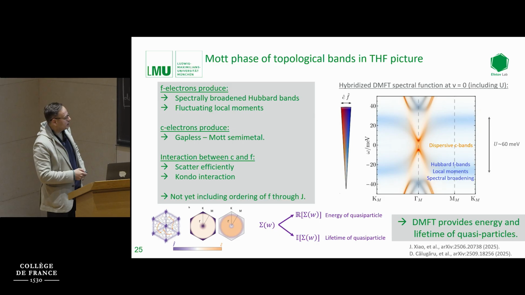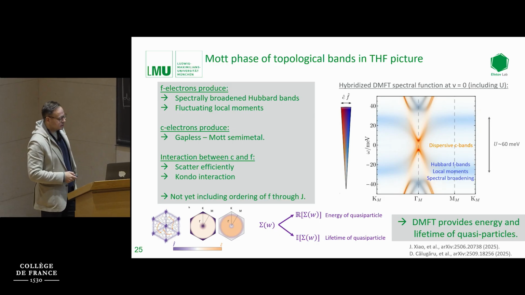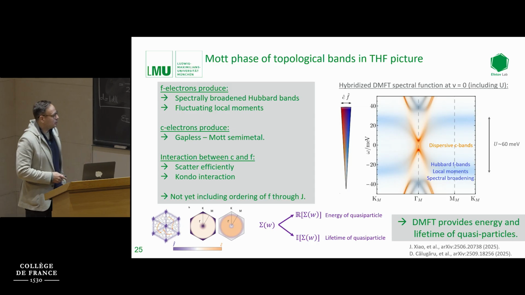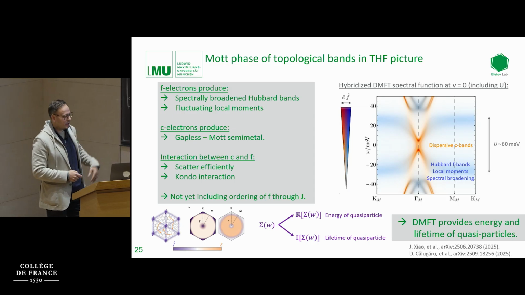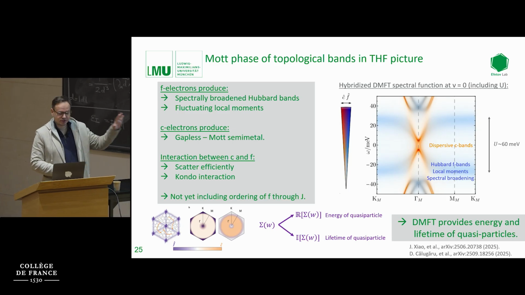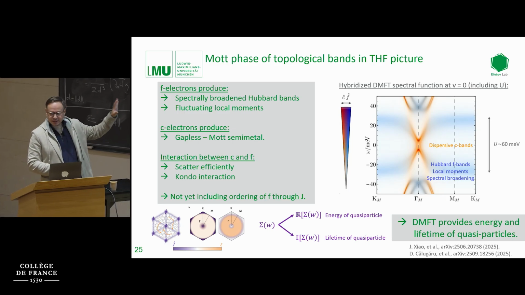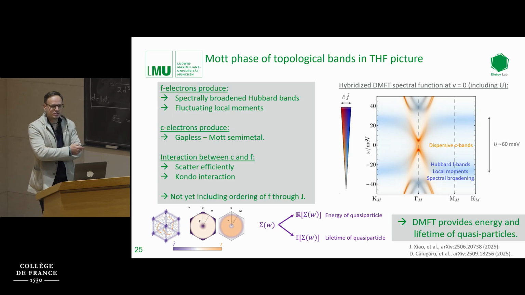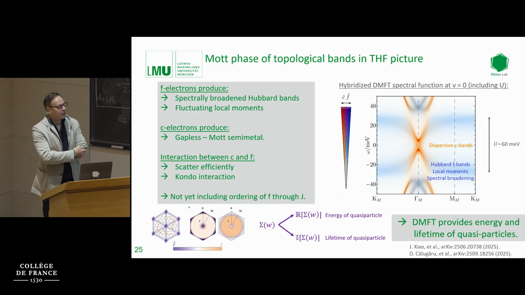Of course, they can scatter very efficiently. In principle, there could be, or there should be, a Kondo interaction between them. And so this is all still in the process of being understood. Okay, so there are still a lot of open questions related to thinking about twisted bilayer graphene from this theoretical background.